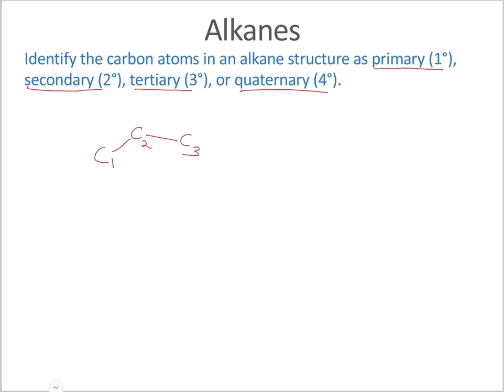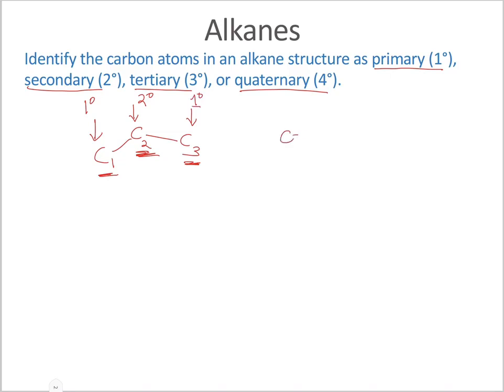Carbon 1 is only connected to carbon 2, so we can label that as being a primary carbon. Carbon 2 is connected to 1 and 3, so we can label that as secondary carbon. Carbon 3 is only connected to carbon 2, so we can label this as primary carbon.